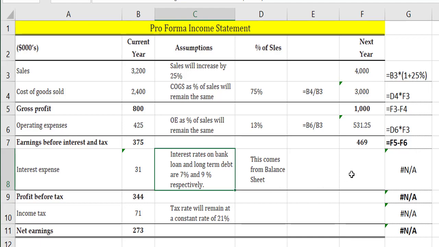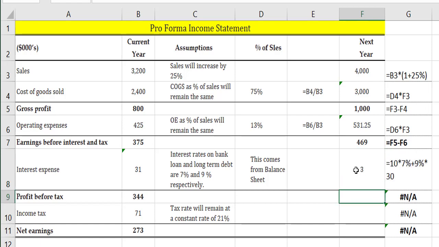Let's assume, for example, that the bank loan was 10,000 and the long-term debt was 30,000. In that case, the current interest would be 10,000, but the figures are already in the thousands, so 10 times 7% plus 9% times 30, which is the long-term debt. In that case, our interest expense would be 3.